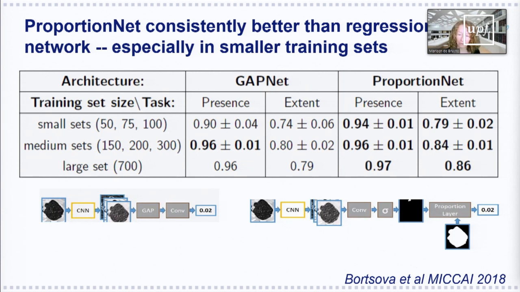And we see that the proportion net has the advantage that it provides a segmentation, of course, but it also performs better than the regular regression network, which is also optimized to predict the correct visual score, but does not encode this knowledge. And the difference between these two models is especially pronounced in the case of smaller training sets. So that's where this prior knowledge on the nature of our labels really helped the optimization.